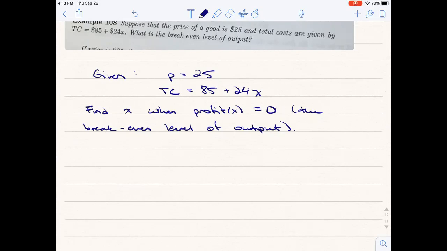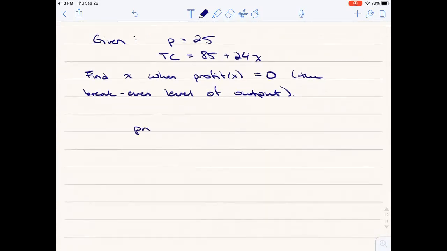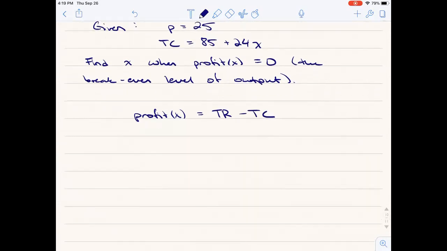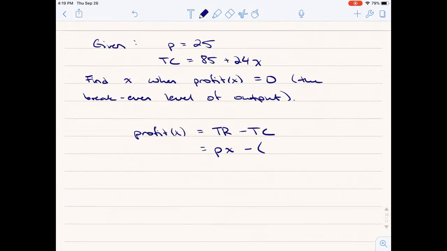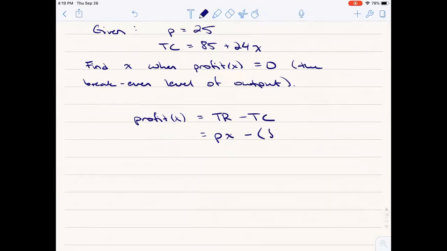So for here, because I have that total cost, what I'm going to do is start from the top of our profit function. Remember, we wrote the profit of X is the total revenue minus the total cost. And then from here, we swapped out total revenue is P times X. And now, instead of plugging in our total costs, I'm given the total cost is 85 plus 24x, and so I'm going to plug that in instead, 85 plus 24x.